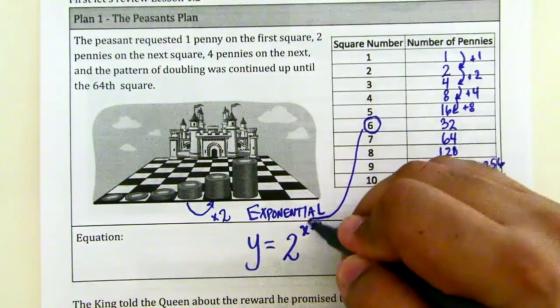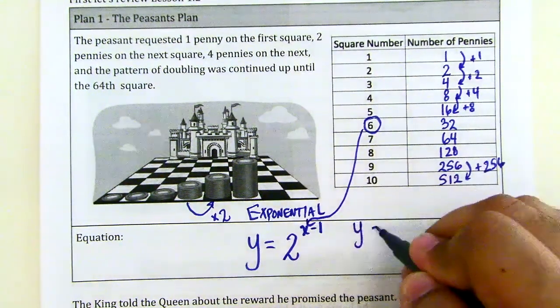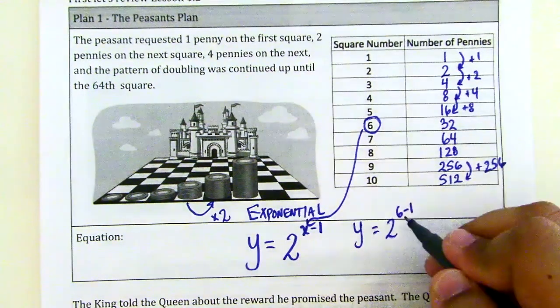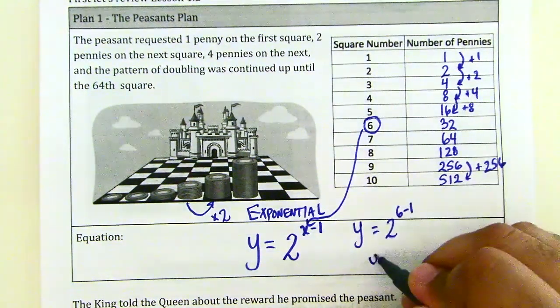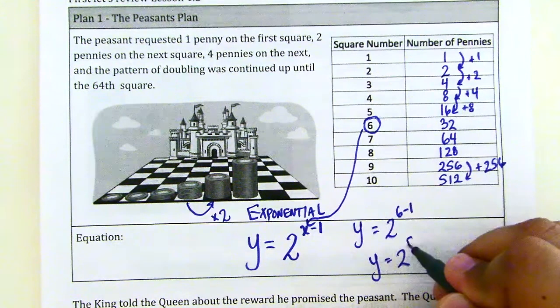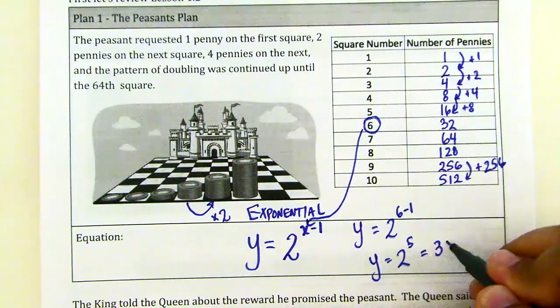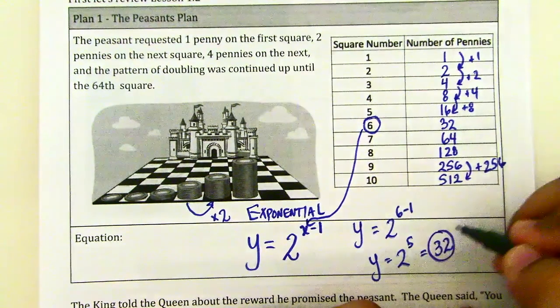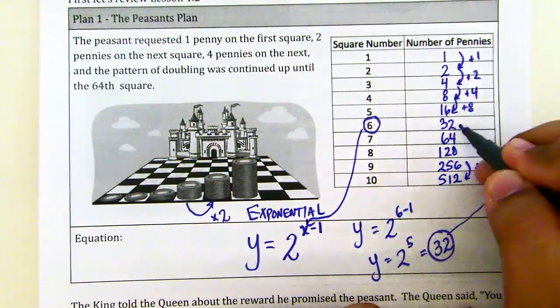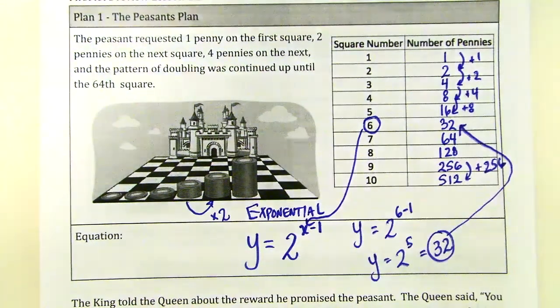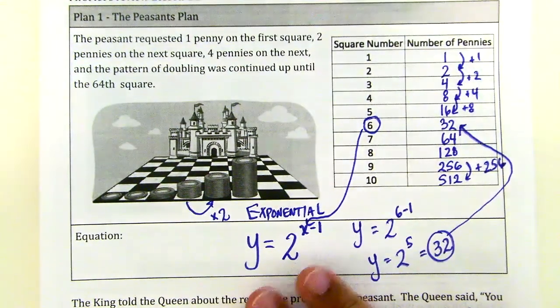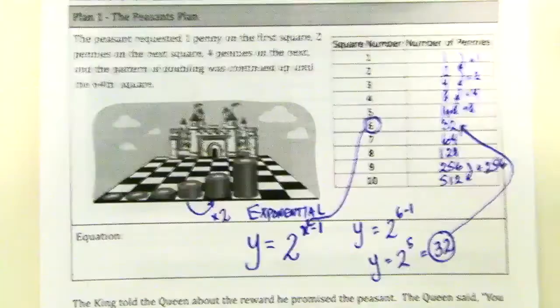If I substitute that 6 into here, I get y equals 2 raised to the 6 minus 1. 6 minus 1 is just 5, so that says y equals 2 to the 5th power. 2 to the 5th power is equal to 32, which is what we have here. Okay? So this equation here models this exponential relationship, and this is what our exponential equations are going to end up looking like for the rest of this unit, right?